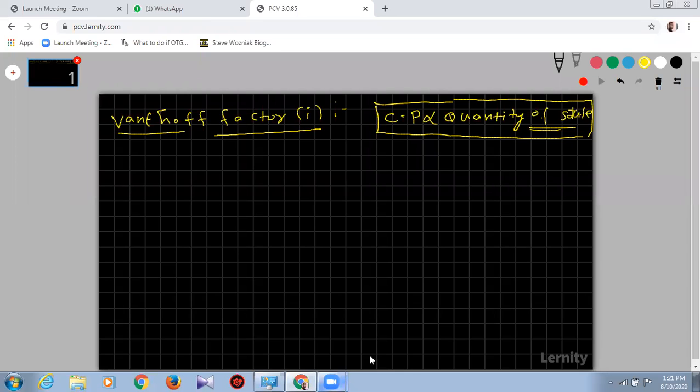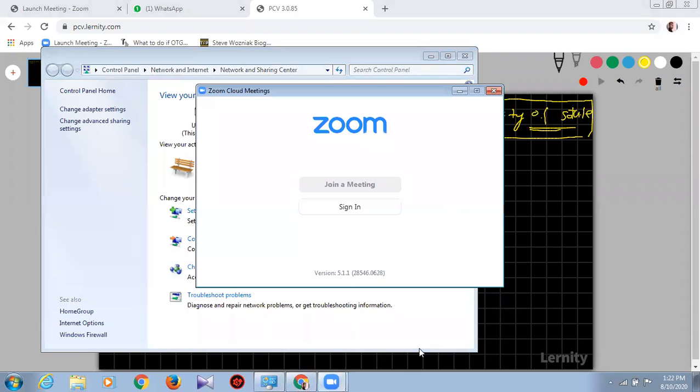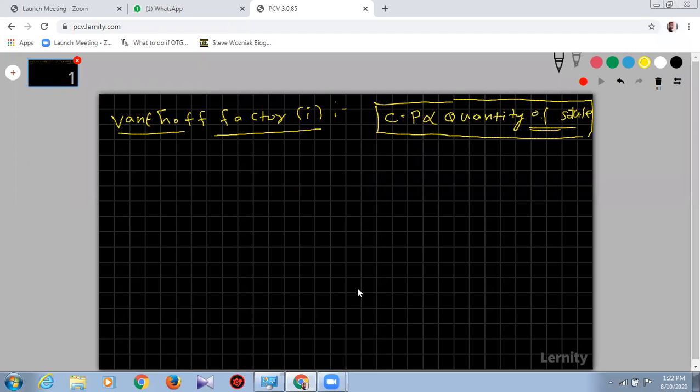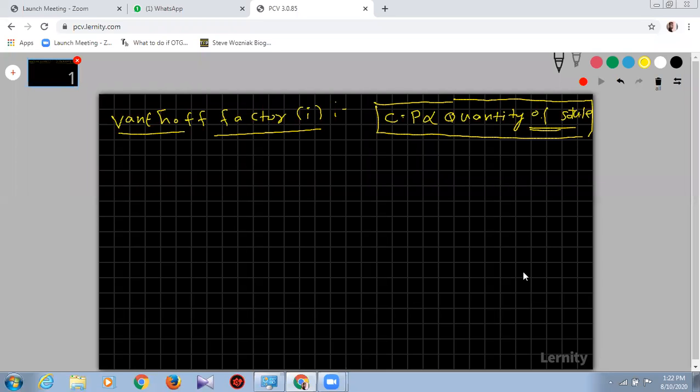It is directly proportional to the quantity of the solute.